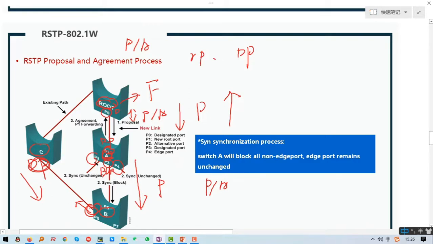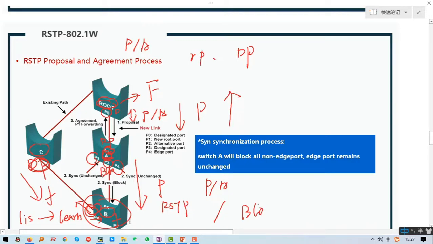So it will slowly transition to the forwarding state, which is the traditional listening, learning and forwarding procedure of 802.1d. This situation may occur when the peer switch doesn't understand the RSTP BPDUs or the port of the peer switch is blocked.